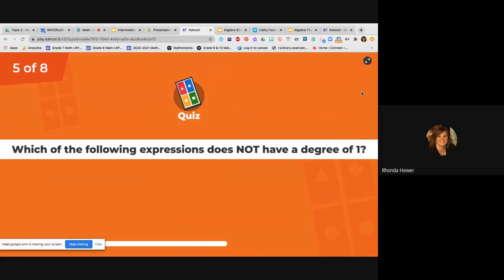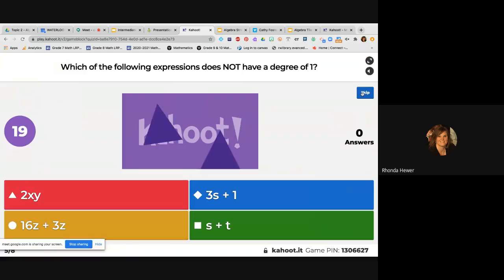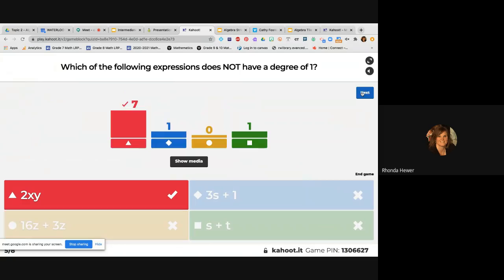Which of the following expressions does not have a degree of 1? Great. Again, you're going to see this in the curriculum expectations.